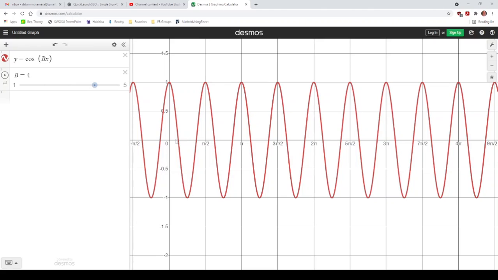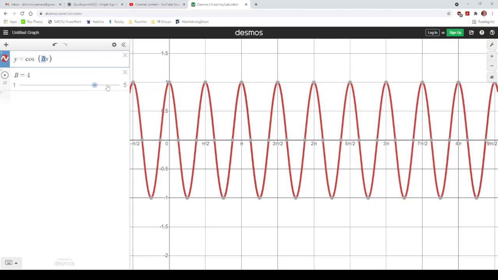You see that one complete cycle is done right there. So this multiplier out in front of the x is related to the length of one complete cycle. The bigger that number gets, the more compressed the cycle becomes.